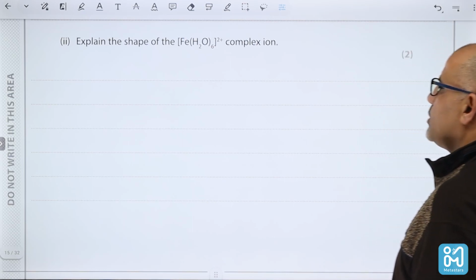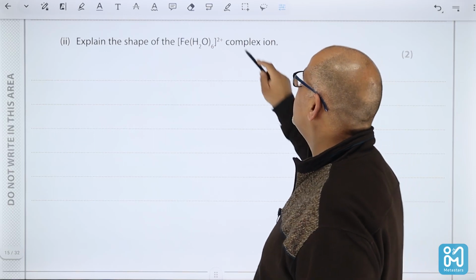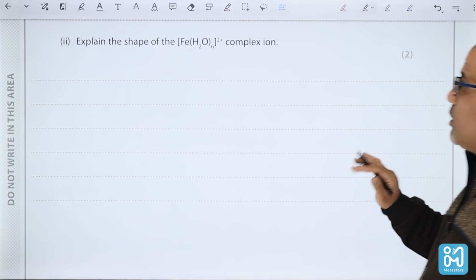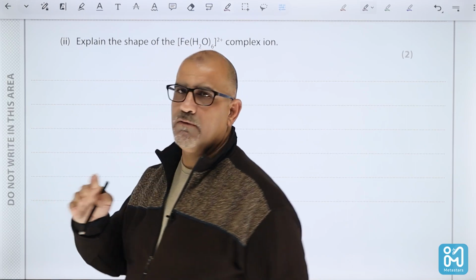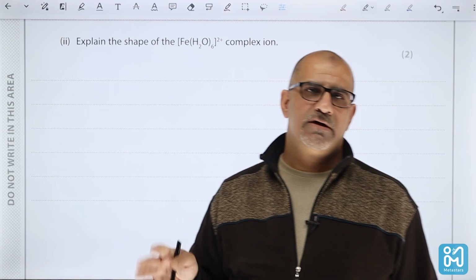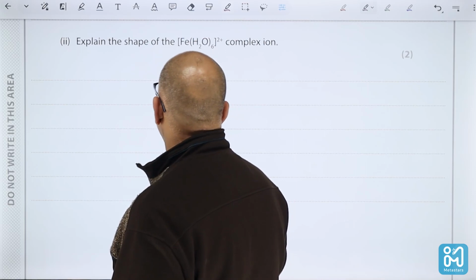Since the coordination number is 6 for this one, it will share 6 pairs of electrons, so you have 6 pairs of electrons, and it is like the shape of molecules in AS chemistry. You can explain it according to the electron pair repulsion theory.